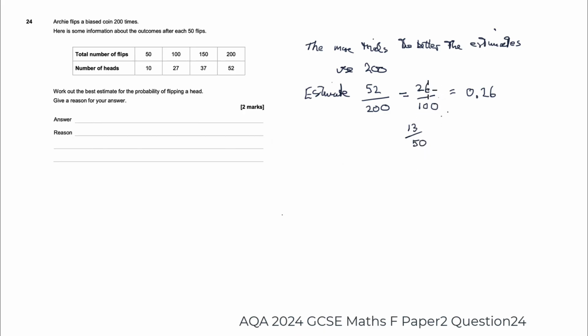That's a factor of 2. Now 13's a prime number, no more cancelling's possible, but 0.26 would be a good answer for that, or 13/50ths. And the reason: the more trials, the better the estimate, so use 200 trials, 200 flips.